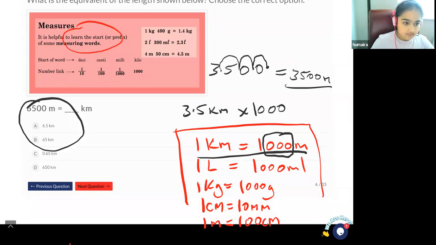And the next one is converting 6,500 meters into kilometers. For this, I've got here 1 kilometer. Kilo means 1,000. So we're converting 6,500 meters into kilometers. Let's go to Zoya for this one.